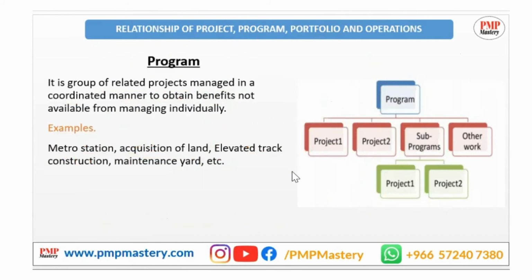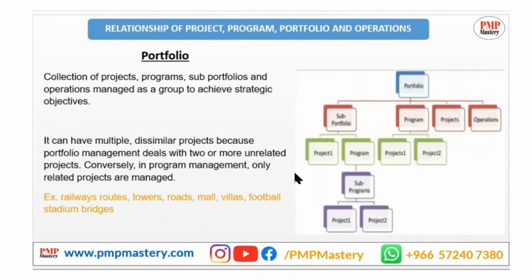Now, let's see the next, that is portfolio. A portfolio is a collection of projects, programs, and sub portfolios plus operations. So under a portfolio you have a collection of projects, whether it is 1, 10, 20 or 30, all of those will be under the portfolio.